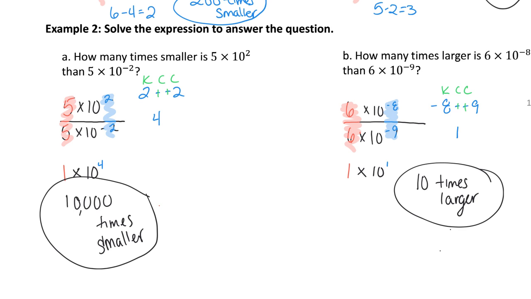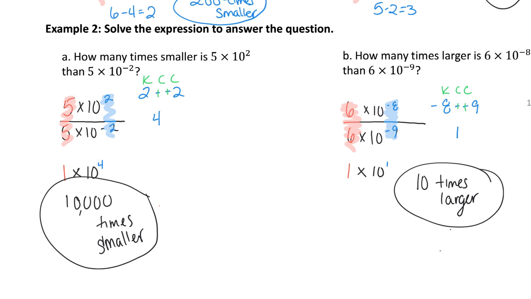I think B was a little bit more complicated because you had two negatives. What you have to keep in mind is that the smaller the negative number is, the actual bigger it is, or vice versa. The larger the negative, the smaller it is. So that's why -8's on top. And then when you subtract, you should just get a 1, which means that it's 10 times larger.